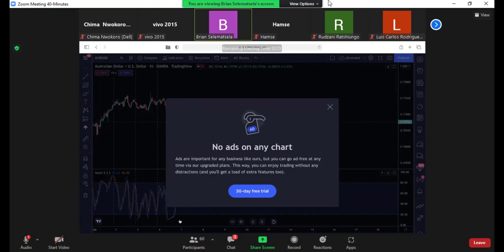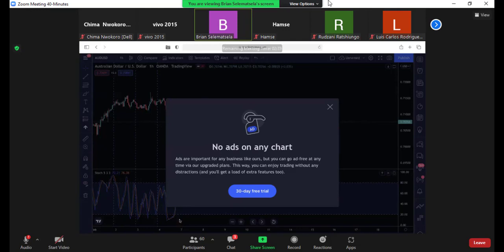Then it's just a matter of waiting for the market to break the first layer line. After the market breaks it, you wait for it to retest. After it retests, that's when you start spotting your divergence.